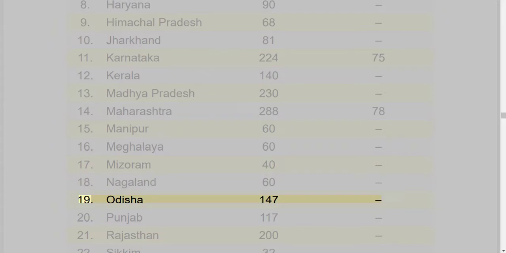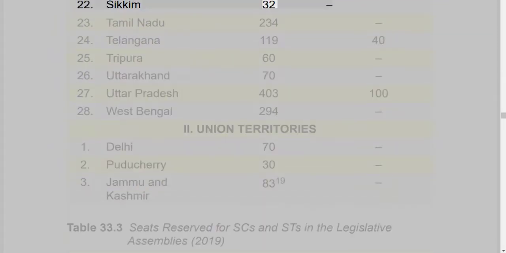Nagaland 60. 19. Odisha 147. 20. Punjab 117. 21. Rajasthan 200. 22. Sikkim 32. 23. Tamil Nadu 234. 24. Telangana 119, 40. 25. Tripura 60.